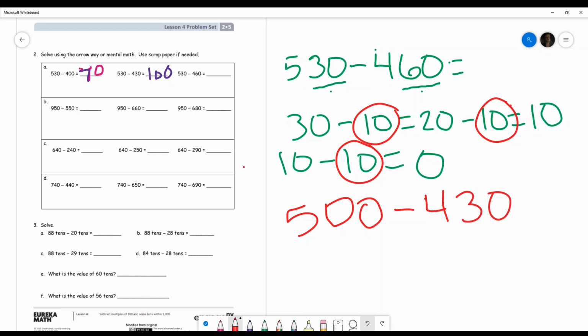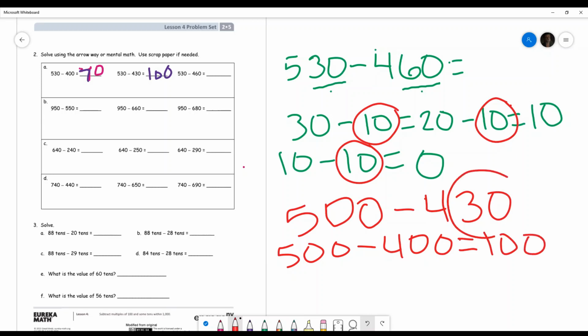Now I'm going to break apart my 100s. So 500 minus 400 equals 100. But look, I still have 3 tens left, so let's get rid of those. 100 minus 30.